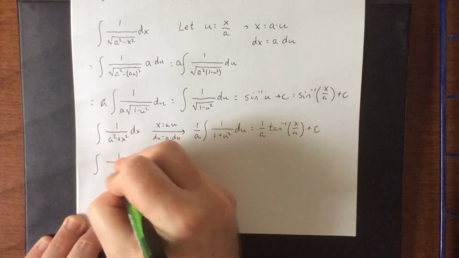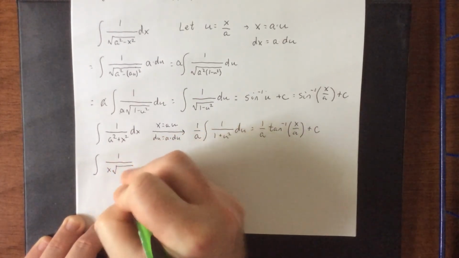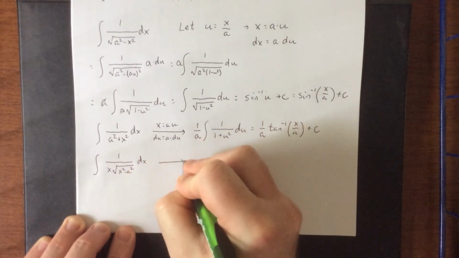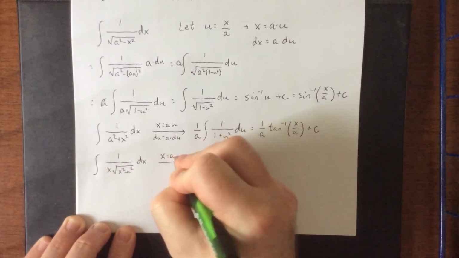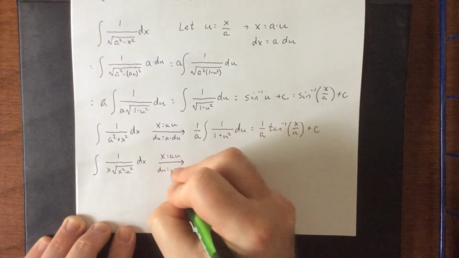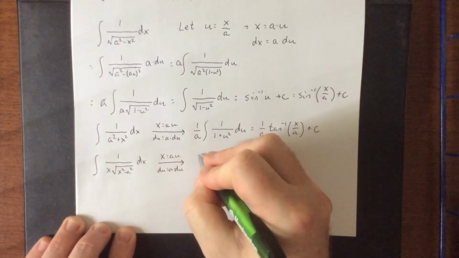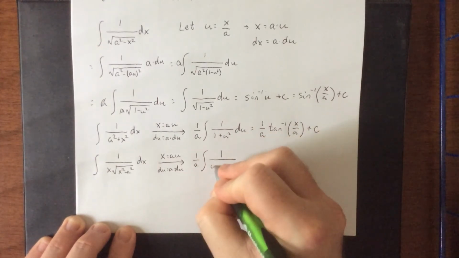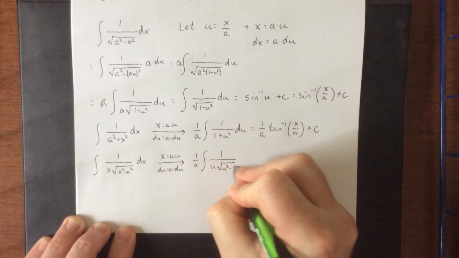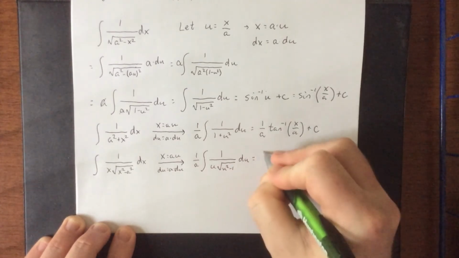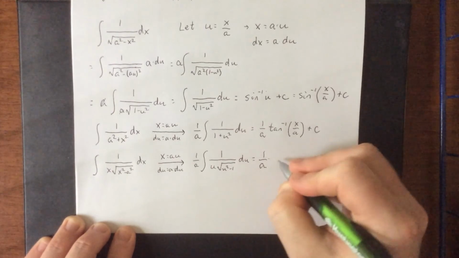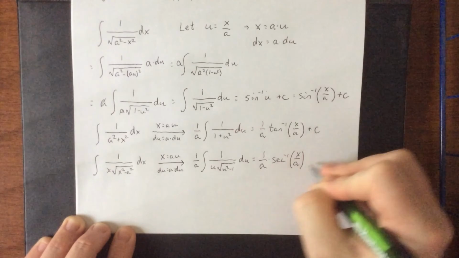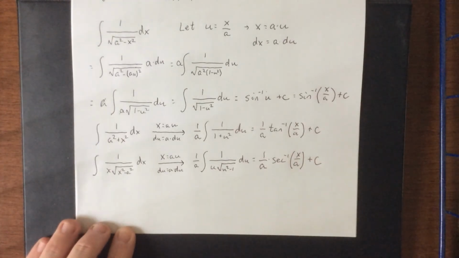Additionally, if we were to do 1 over x times the square root of x squared minus a squared dx, and apply the same set of substitutions, x is equal to a times u, and dx is equal to a times du, you are going to wind up with 1 over a times the integral of 1 over u times the square root of u squared minus 1 du, letting you know that you will get exactly 1 over a times the arcsecant of x over a plus c.